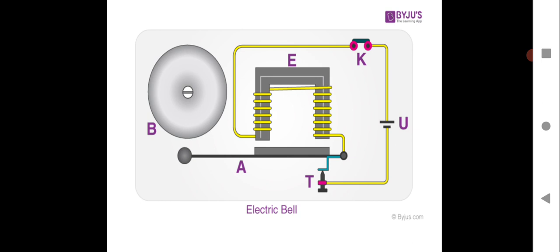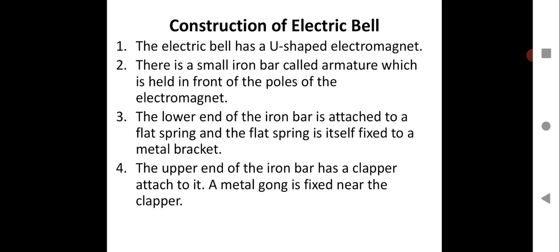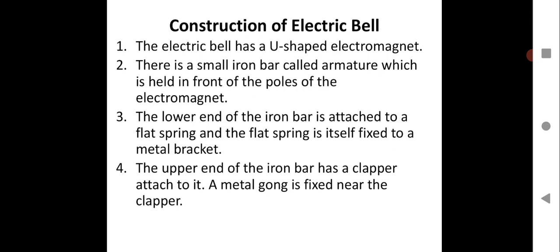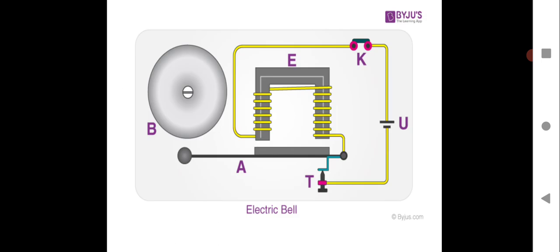You can see this in the diagram. Then the upper end of the iron bar has a clapper attached to it. You can see the clapper attached to the upper end of the iron bar. You can find all this in this diagram. And a metal gong is fixed near the clapper. So you have a metal gong fixed near the clapper, that is B. The clapper is not B, it is going to hit B. The gong, you can see the black dot here below B, that is the gong.